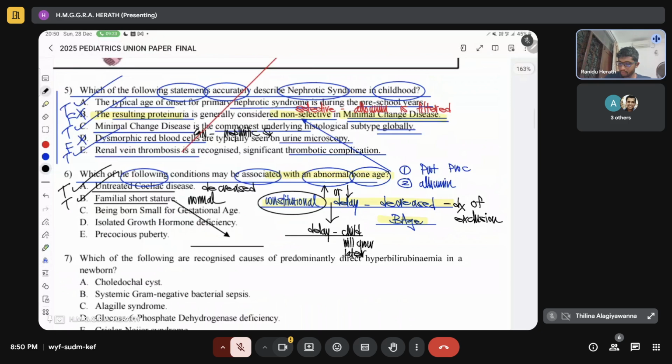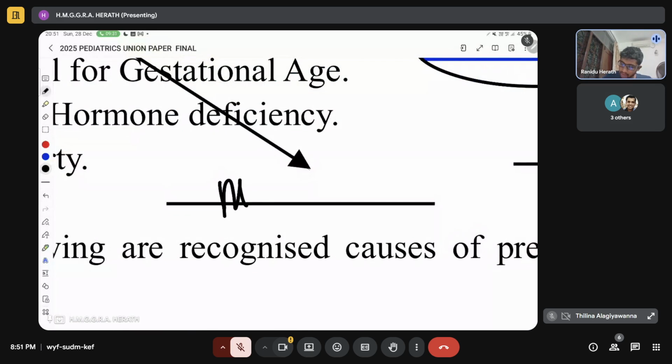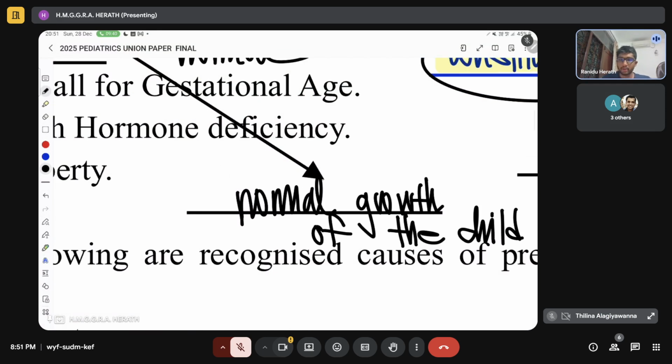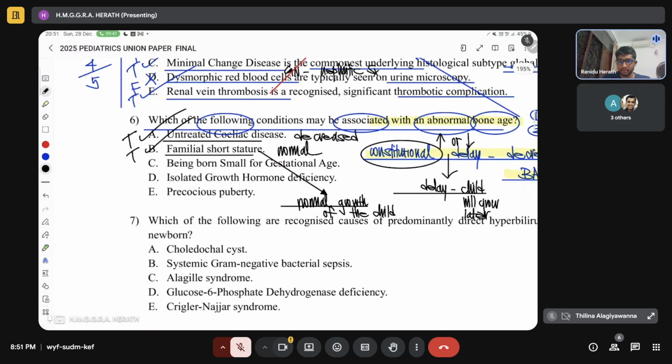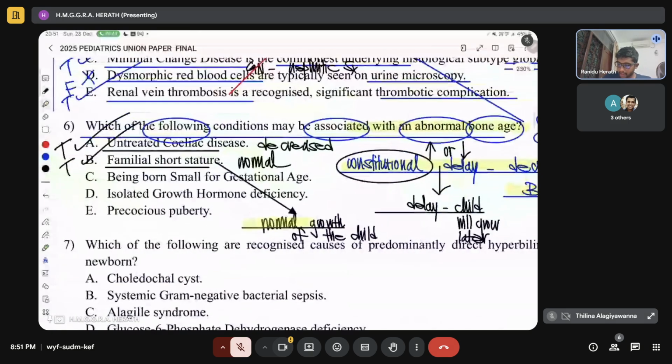However, familial short stature is also normal. However, there is no delay. This is just the normal growth of the child. It just happened to be that the child is having the genes of his family and his family members are short, so he is also short. It's not because of something pathological. Understood? So the child will not grow later on like in constitutional delay.